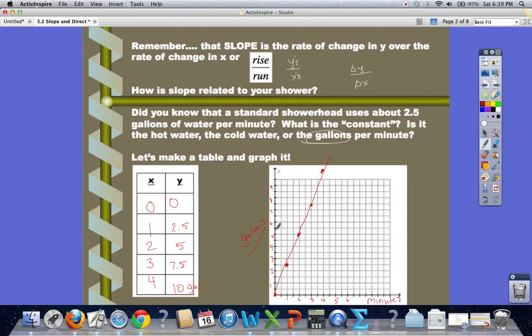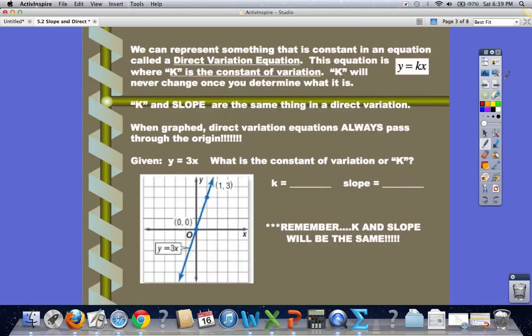Okay? That means it's going to have a direct variation, or a constant of variation is what I'm trying to say. All right, let's go on to the next slide, and we'll talk more about it.